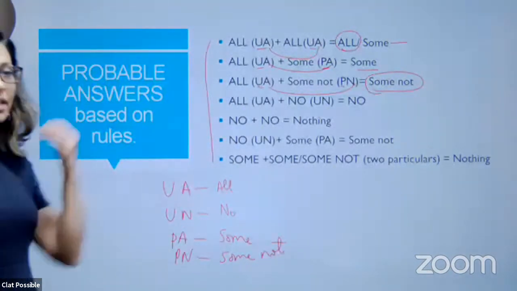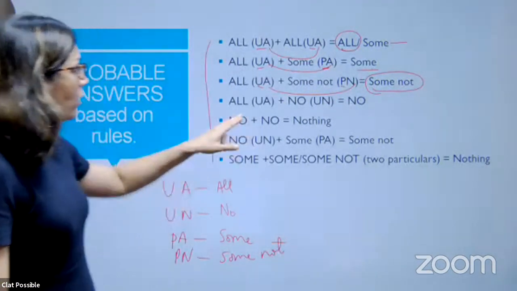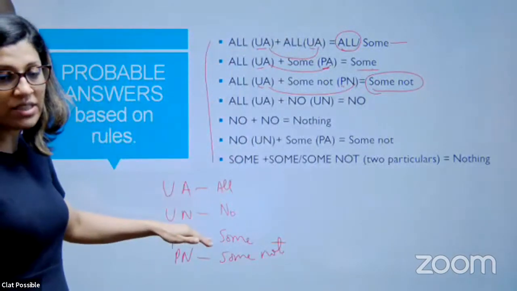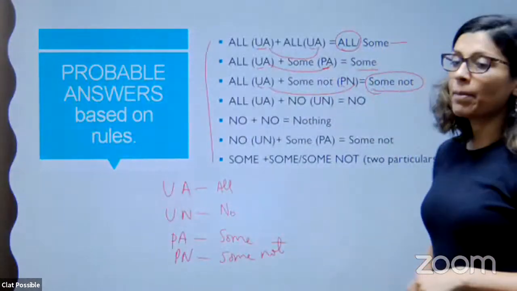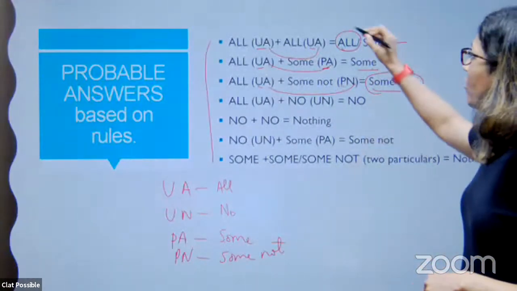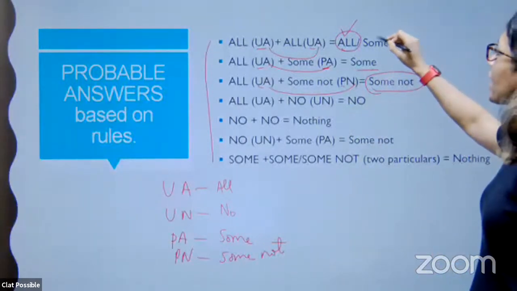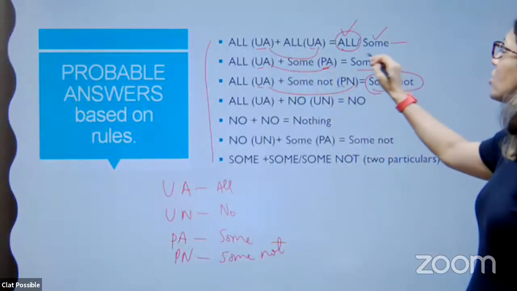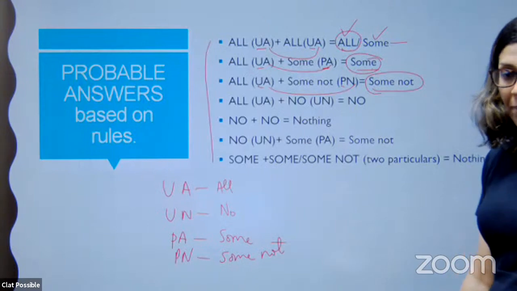So all this we had defined in the last class, right? So as a result, when we combine, we know what type of answer we are going to get. So when we combine two universals and if both are affirmative, this is supposed to be our ideal answer. But in some cases, we get a some as well. When we combine these two, our answer is almost always some. It can be no conclusion as well.